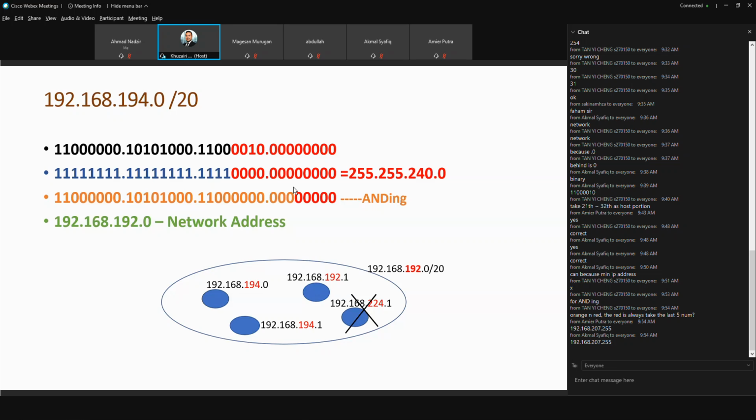Don't just keep quiet. I think Ame already understand. Shafiq, Tan also already understand. And I hope the rest also can understand. Why we get the broadcast address is 192.168.207.255.